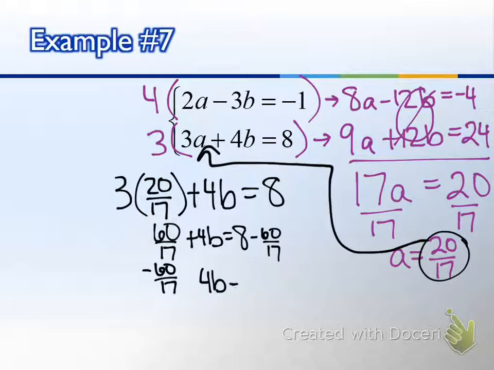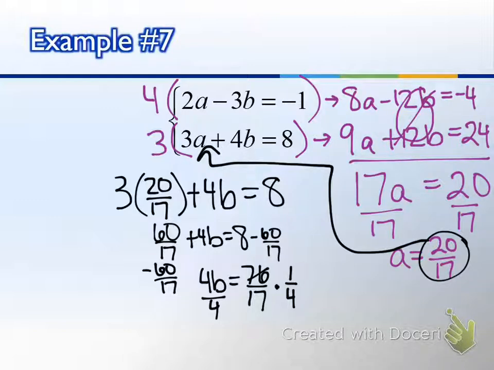So 4b equals 76 over 17. But then we need to divide by 4. Dividing by 4 is the same as multiplying by 1/4. The 76 and 4 cancel out. What do they reduce to? 19 over 17.